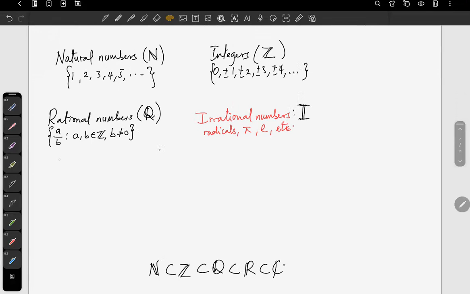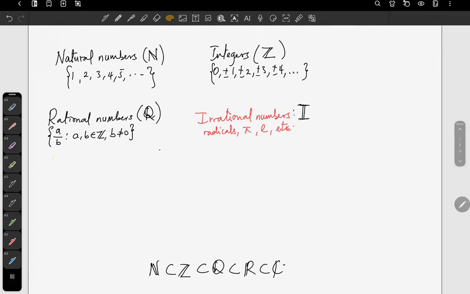One of the distinctions between rational numbers and irrational numbers, apart from the fact that irrational numbers cannot be expressed as fractions, is this: when we express both of them as decimal numbers, the rational numbers are either terminating decimal numbers or non-terminating but recurring decimal numbers.